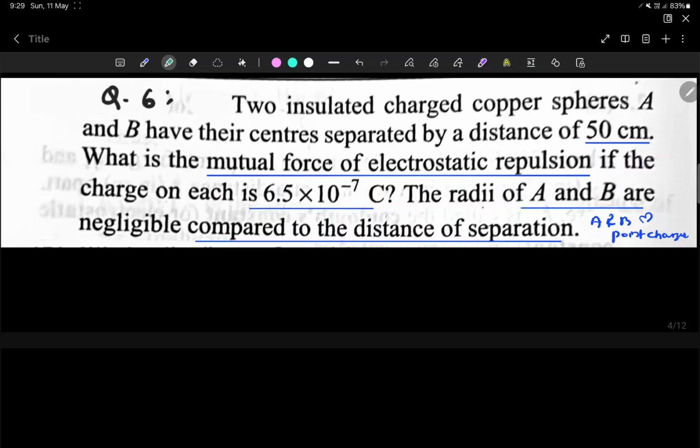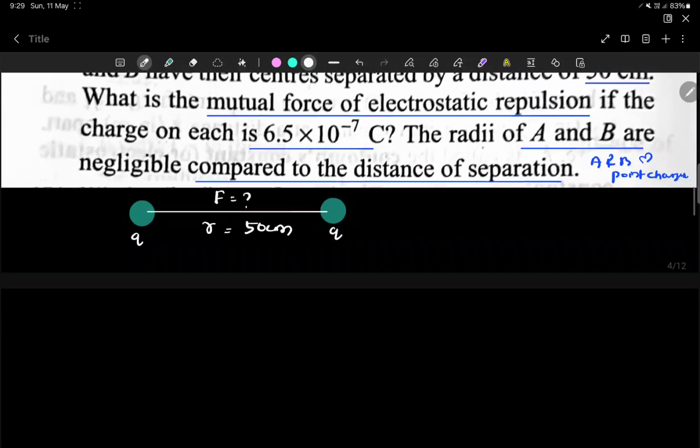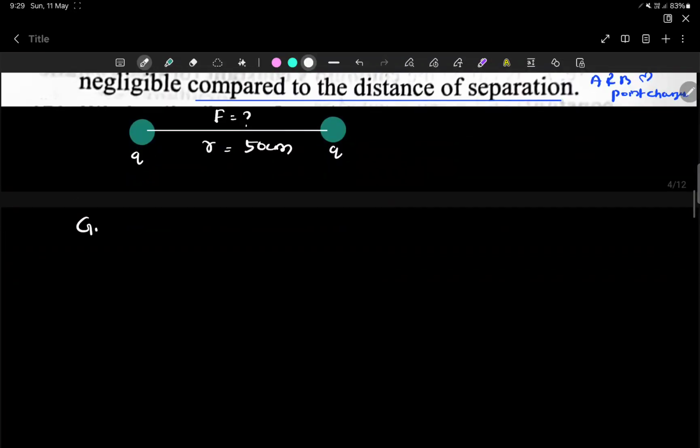Yes. So let's draw the diagram and start to solve the question. So these are 2 point charges and the separation between them, R, is given as 50 centimeter, and both are having the same charge Q. We have to find the electrostatic force of repulsion between them. So mention the given data.